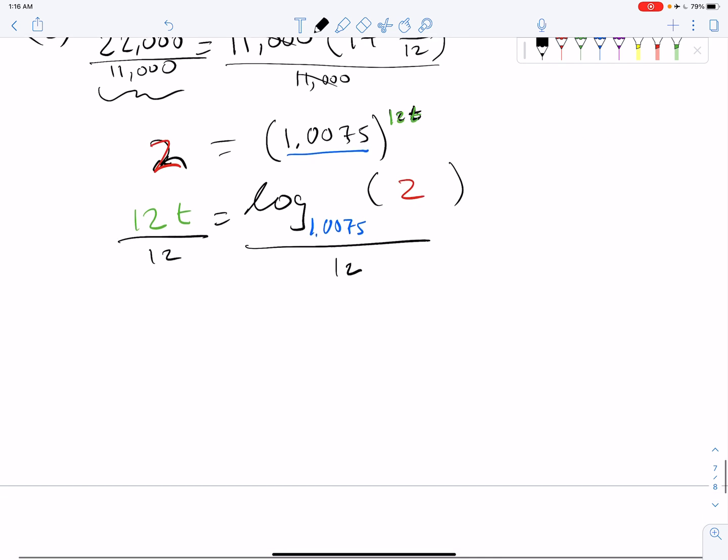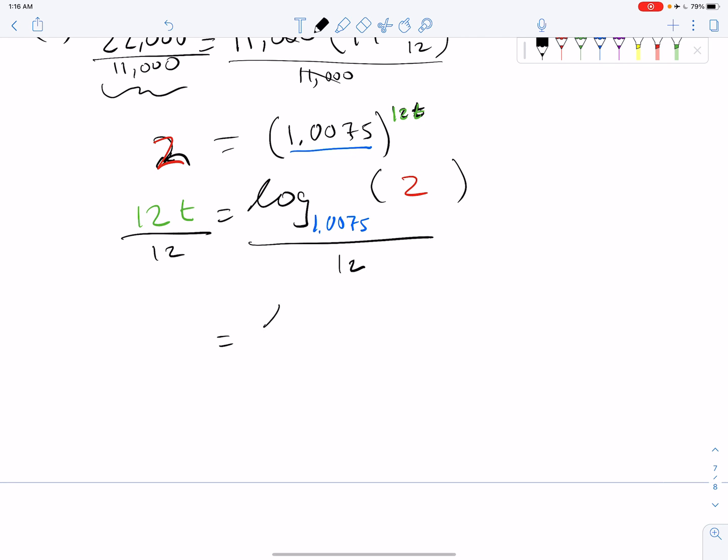Well, we just take this and write it as the natural log or common log of 2 divided by the natural log of 1.0075. And once you get that calculated, then divide it by 12, and we get approximately, what do I get?